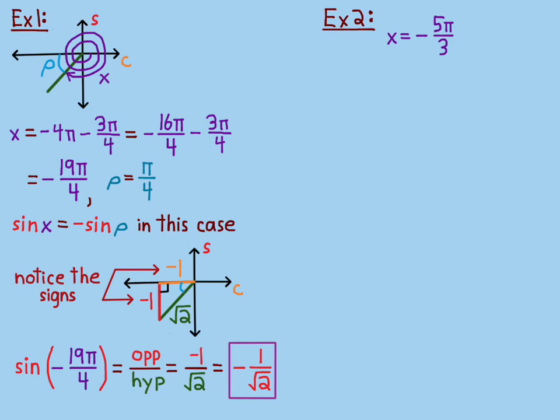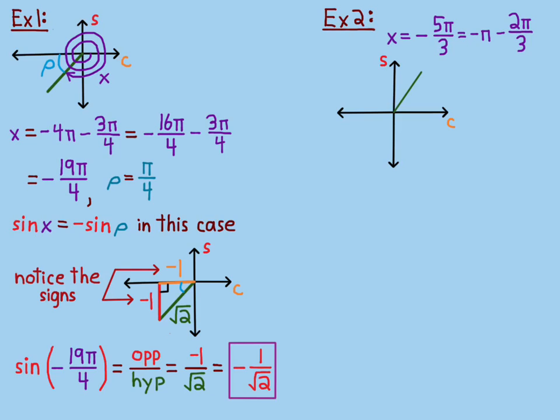Okay, here's a second example. X is negative 5 pi over 3. So first you have to figure out where that is. And so I just broke it down into, well, negative pi would be 3 pi over 3. That leaves negative 2 pi over 3.